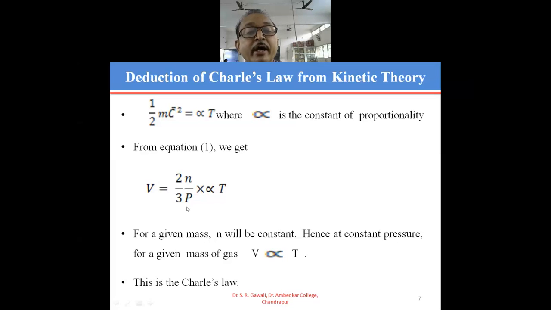So, if we assume that the pressure is constant, then we can write V is proportional to T. So, for a given mass of a gas, n will be constant, and hence at constant pressure for a given mass of a gas, V is proportional to T, and this is nothing but the Charle's law. This is happening only when the pressure is constant. Thus, we have derived the Charle's law from the kinetic theory of gases.